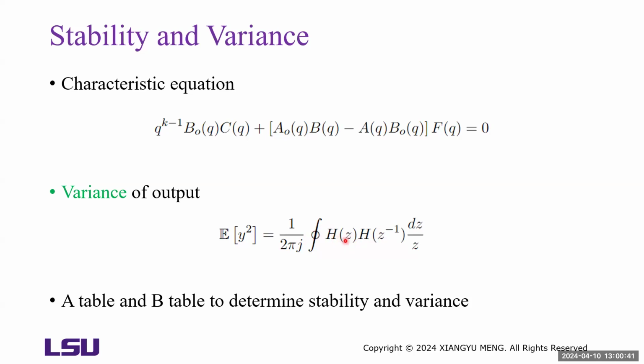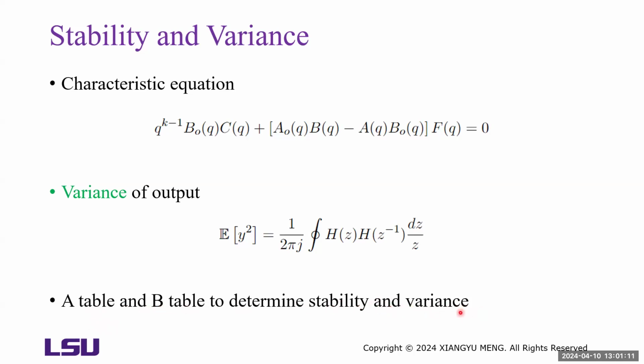So this is the transfer function of the closed loop system. Under stability of the system, this variance can be evaluated using the A table and the B table that we discussed earlier. With the A table alone, we can determine the stability. If we use both the A table and the B table, we can determine the variance.